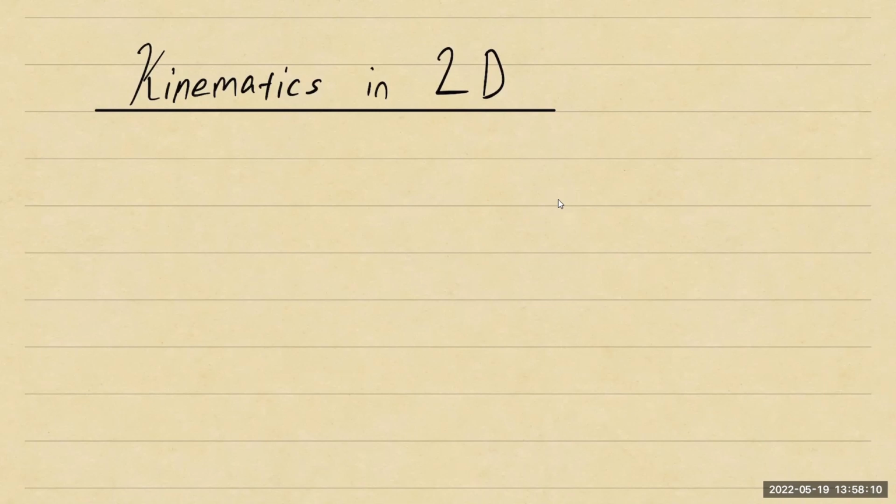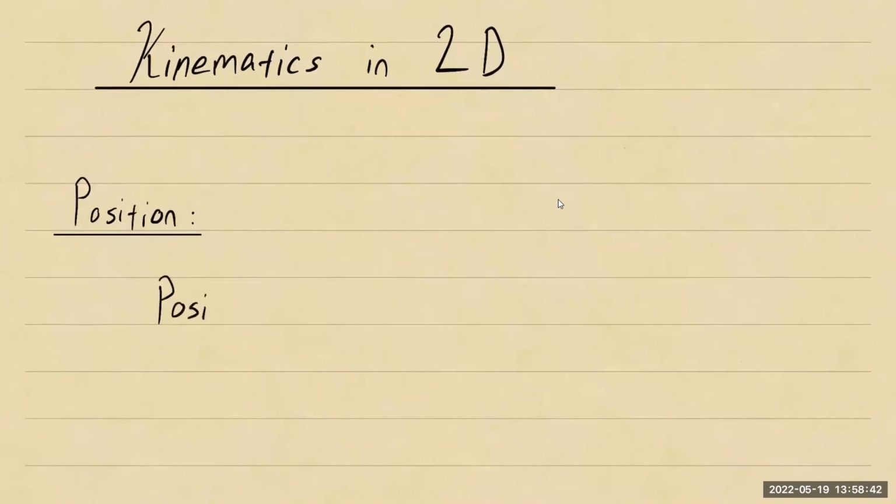So now we're going to be looking not only at an x-axis or y-axis, but we're going to look at both of them simultaneously. So to begin with, I'm going to revisit the idea of position in a 2D coordinate system. So position of an object in 2 dimensions.